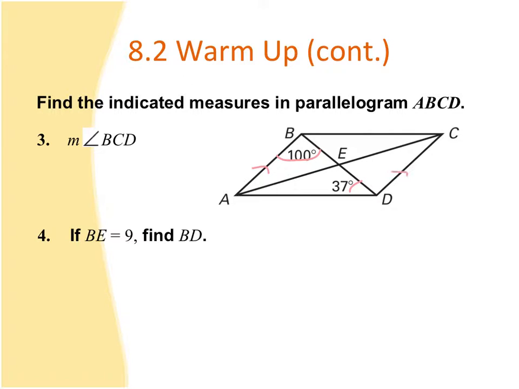So this is parallel to this, and this is parallel to this, which means this angle here is 100, and this angle here is 37. And then BCD, which is here, would be supplementary to either of these angles, right? Either this whole angle or this whole angle. So if I did 180 minus 137, I get 43 degrees.